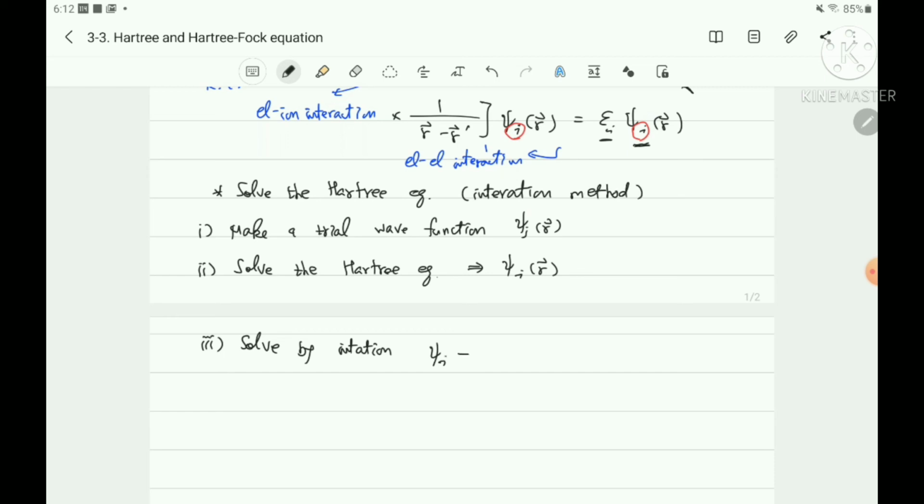Psi I is substituted as psi j, and then we solve the problem a second time, and like this, iterative solution until psi converges.